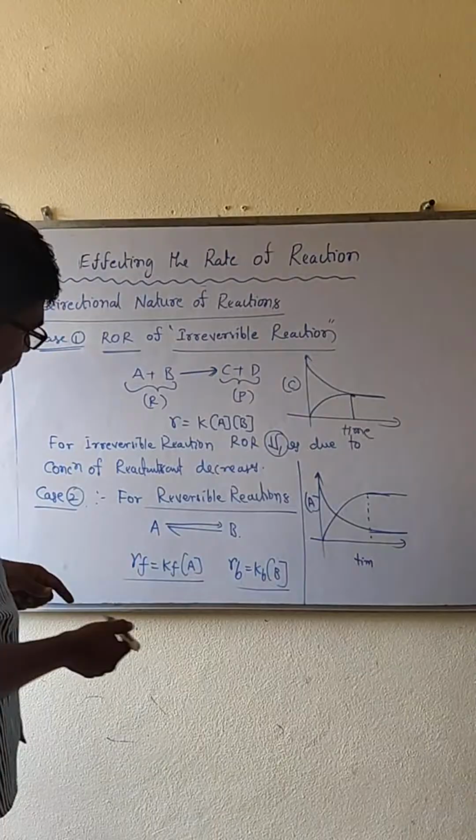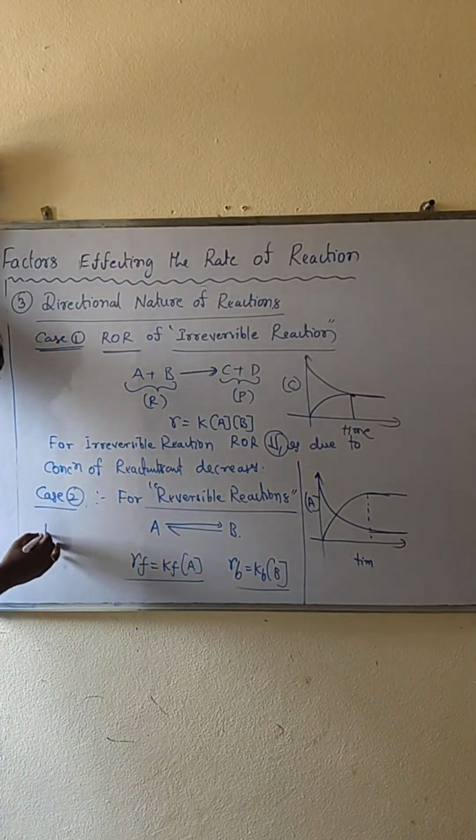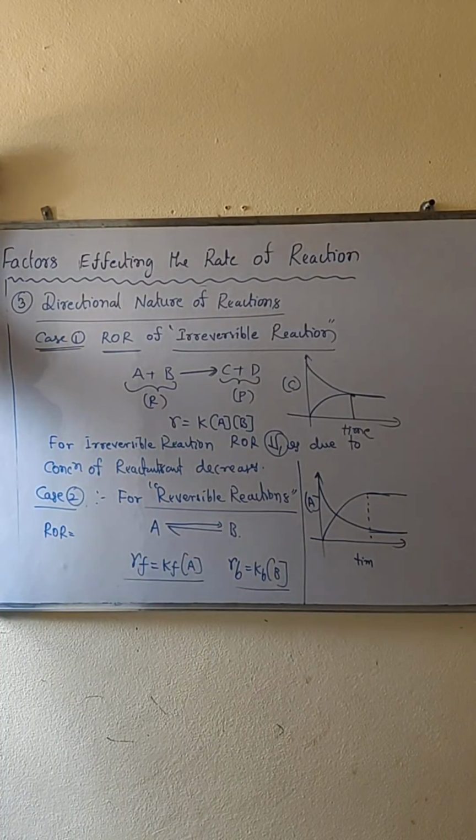For reversible reactions, if you want to find the overall rate of reaction, you find the rate of forward reaction minus the rate of backward reaction.